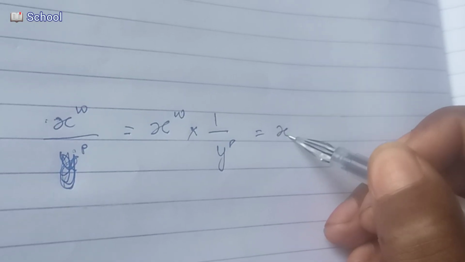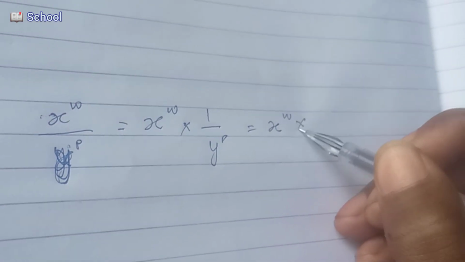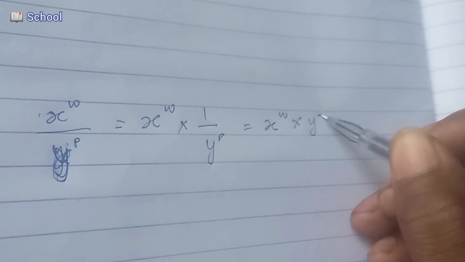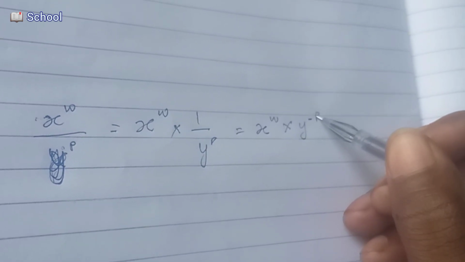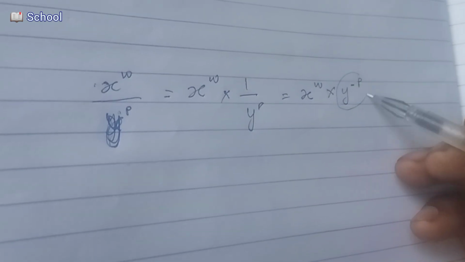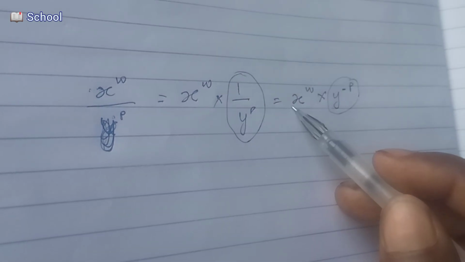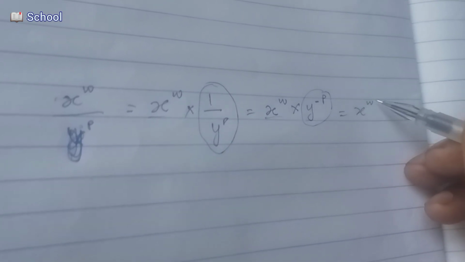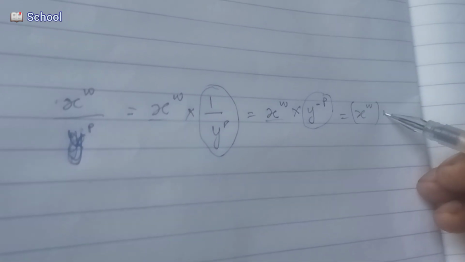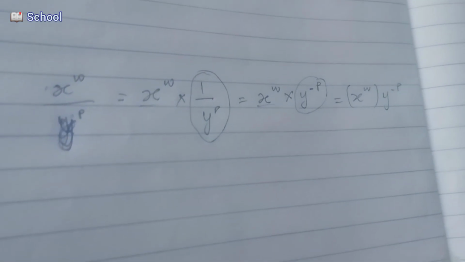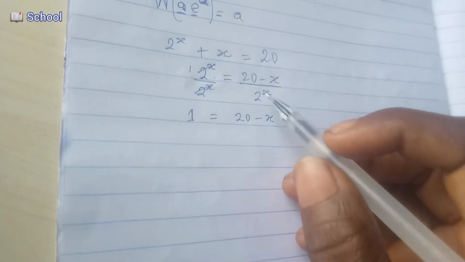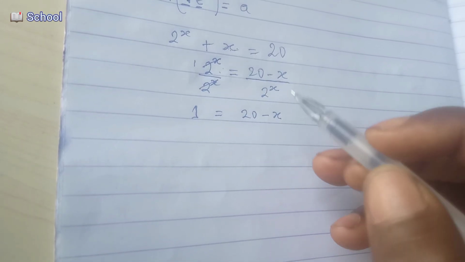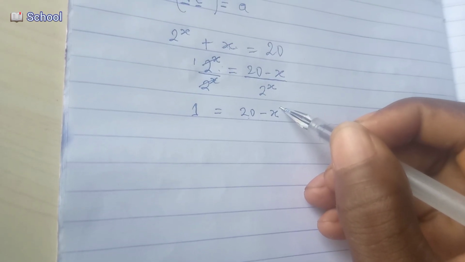And now this can be written as x to the power w times y to the power minus p, the inverse rule. This thing here is equivalent to this thing here. Nothing's changed. You will now have it to be equal to x to the power w into bracket y to the power minus p, right? So this holds. Now this is knowledge you are going to be applying here. We have this whole thing divided by this. So this is the same thing as saying 20 minus x.